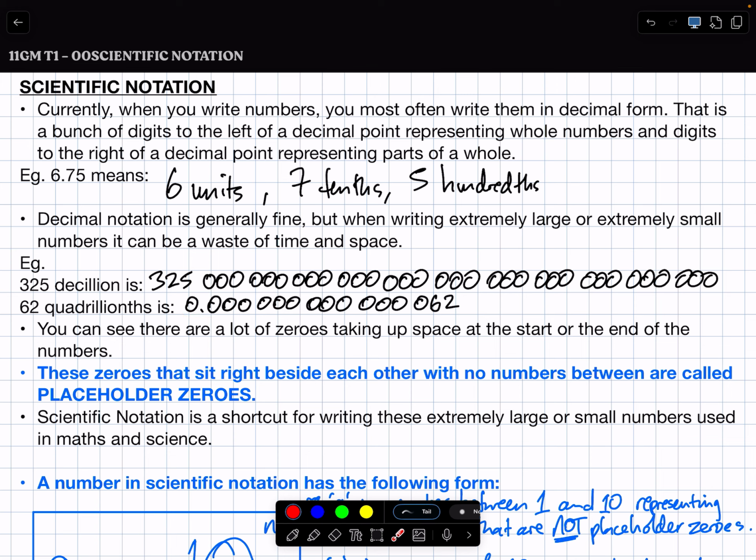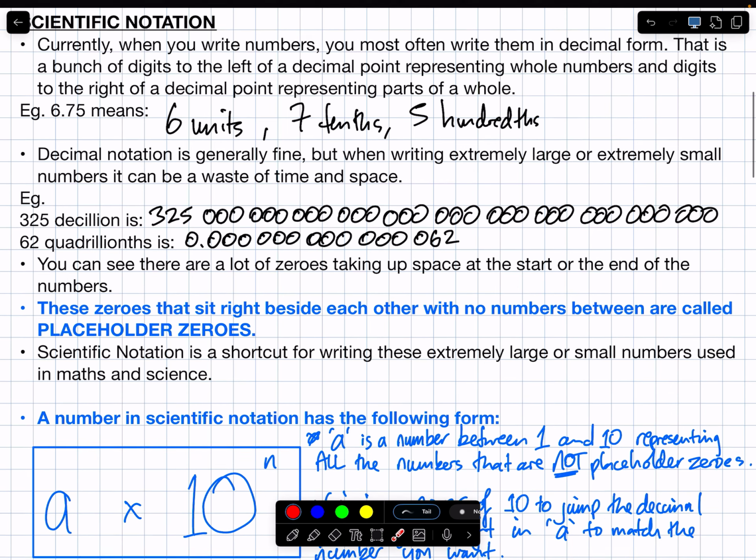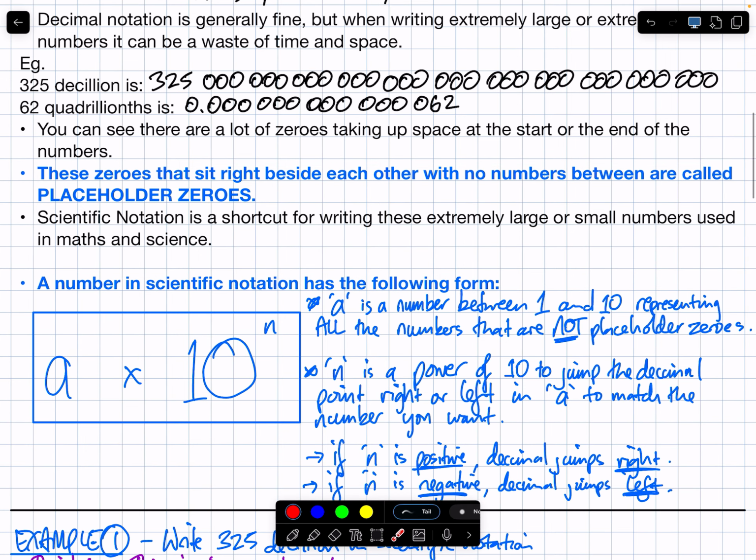It's trying to push the 6.2 all the way to the right to show us it's a really tiny number. Okay? So can you see these zeros don't have anything between them? If you have that, they're called placeholder zeros because all they do is move numbers about. Okay, so get that first blue thing there. These zeros that sit right beside each other, no numbers between, they're called placeholder zeros.